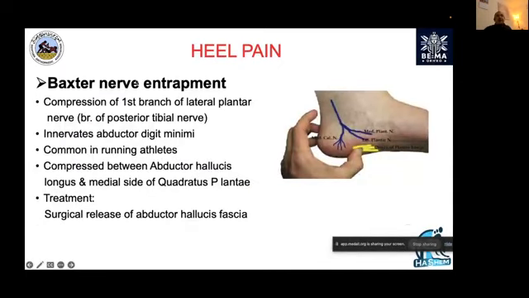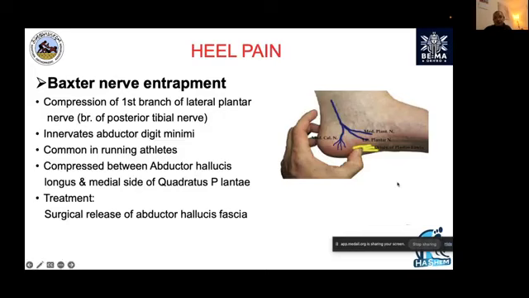If we come to the Baxter nerve entrapment, Baxter is the first branch of the lateral plantar nerve. So this is the lateral plantar nerve. It gives one branch to go back here, and this branch is the Baxter nerve. And this is basically innervating the abductor digiti minimi. In runners and athletes, it gets compressed here, between the abductor hallucis longus and the medial side of quadratus plantae.